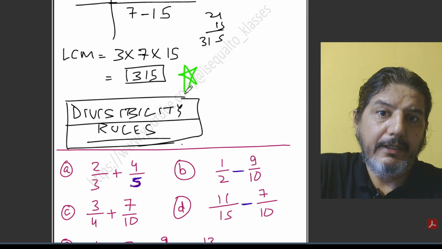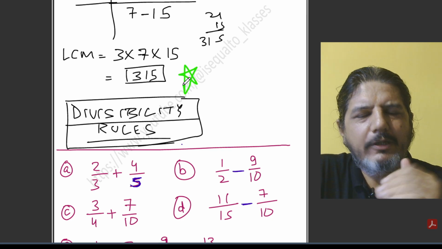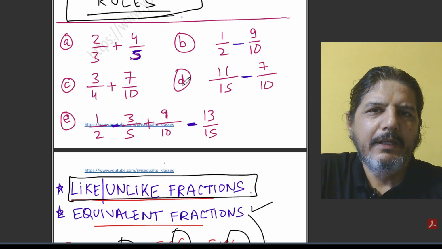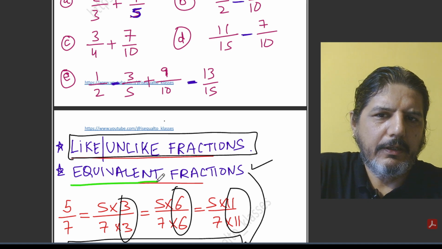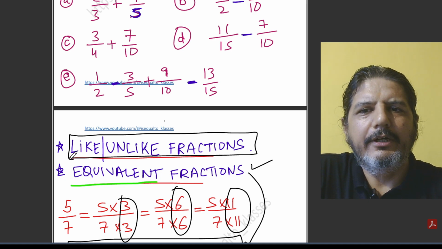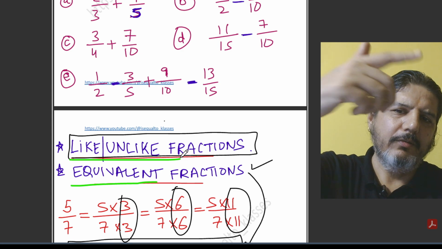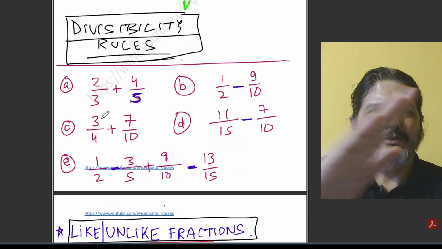Please, you should be very good with the divisibility rules. If you have any doubt, please look at the divisibility rules lecture which is given. Then what we understood was the concept of equivalent fractions. We understood what are like and unlike fractions. Once we had done all this, LCM, equivalent fractions, like and unlike fractions, only then can we understand the addition and subtraction of fractions.